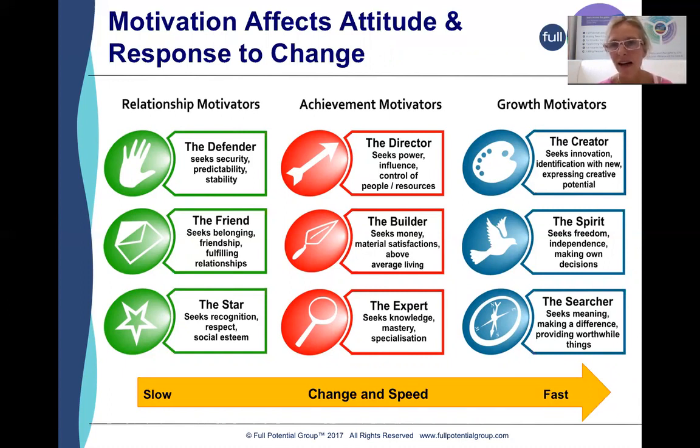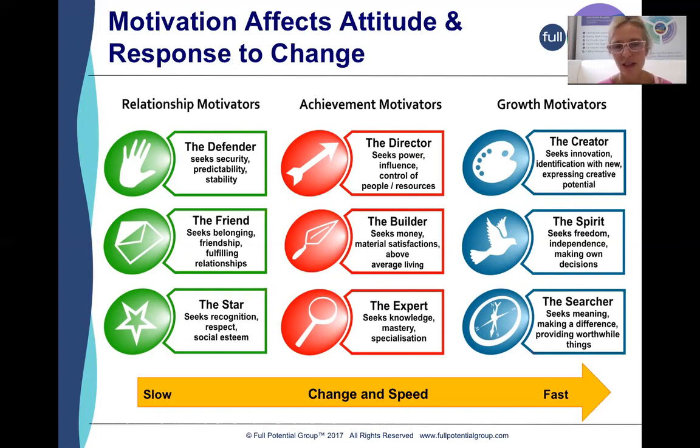The spirit motivator links in with Dan Pink's work on autonomy. They like freedom and independence and being able to make their own decisions, but as long as they're in agreement with the overall change, they can thoroughly enjoy it too. The searchers like to seek meaning and making a difference, so the power of why and having a purpose is really important to them. But anybody with those drivers will find change easier.